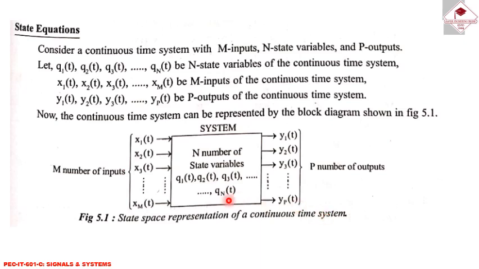In this block diagram, x1, x2, x3 up to xm are the inputs. The n state variables are denoted by q1, q2, q3 up to qn, and the outputs are y1, y2, y3 up to yp, the outputs of the system.